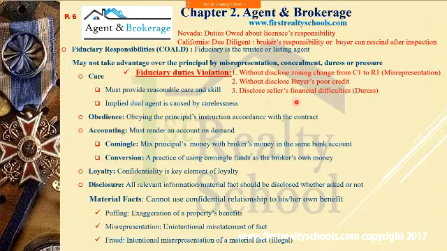Okay, disclosing the seller's financial difficulties or duress, another word, is a violation of the fiduciary duty. Disclosing the buyer's intention to sell or flip is also a violation of fiduciary duty, of loyalty.